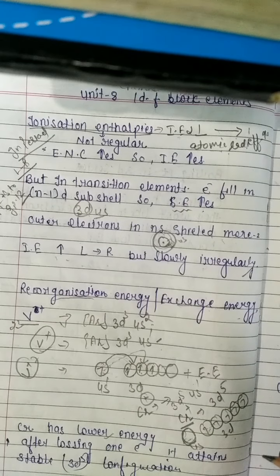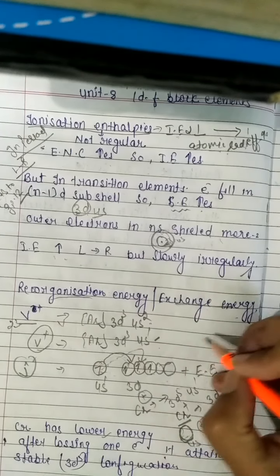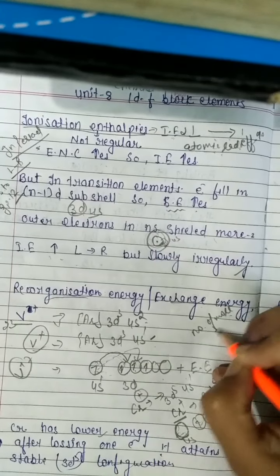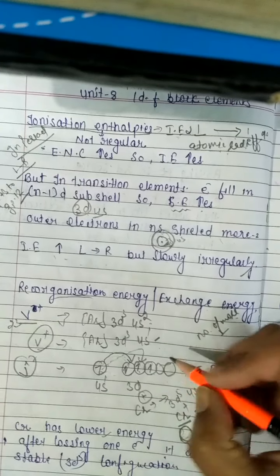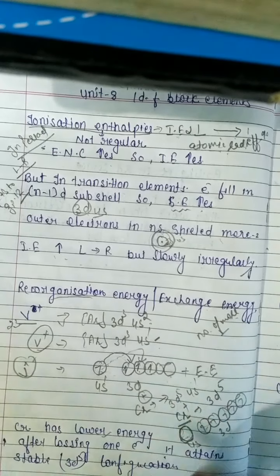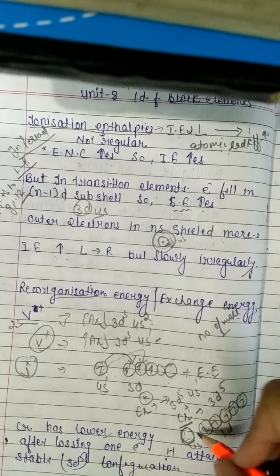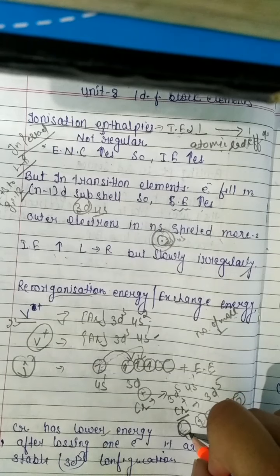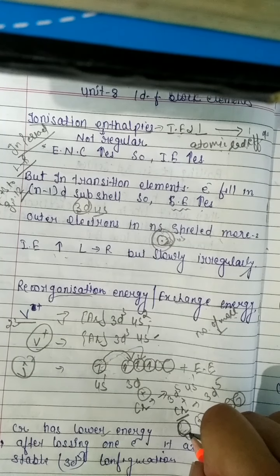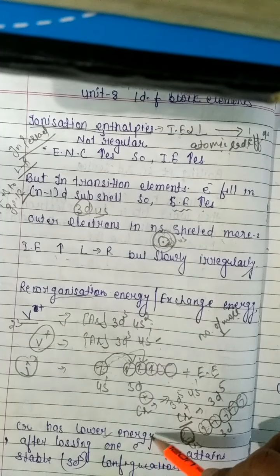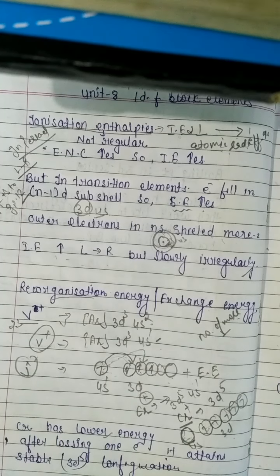If the number of electrons is 5, then the exchange energy will be more. But in the case of chromium, no electron is present in the 4s orbital, so the exchange energy is lower.